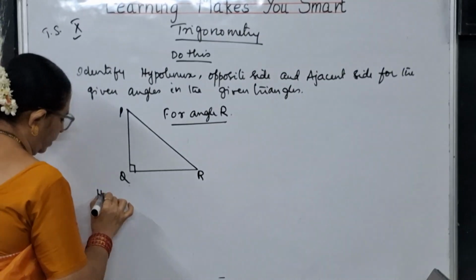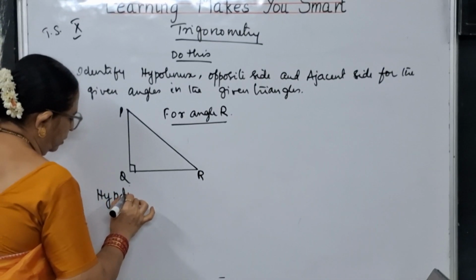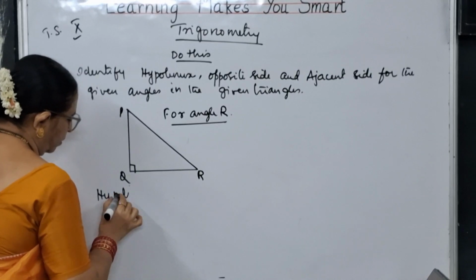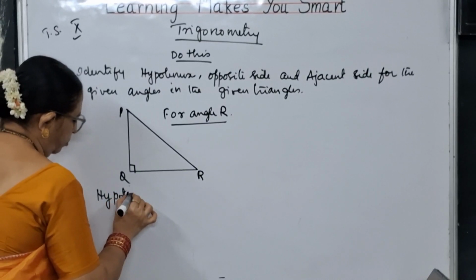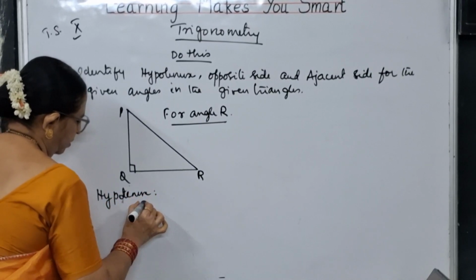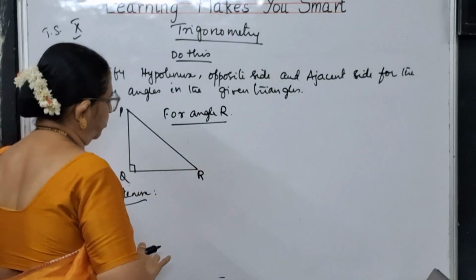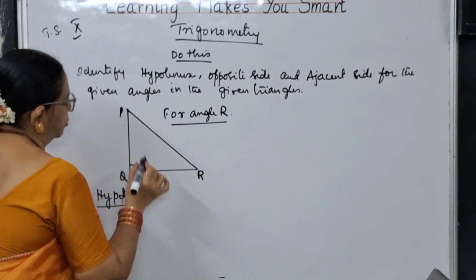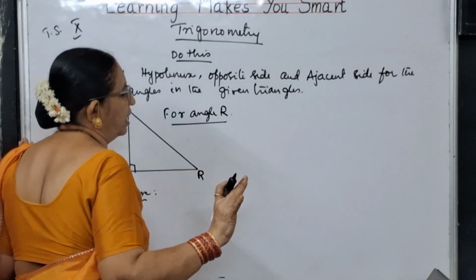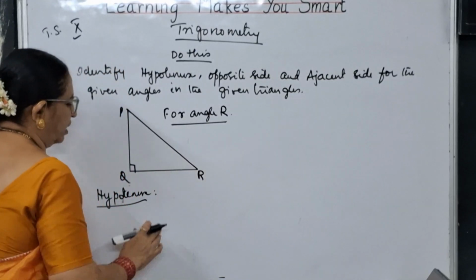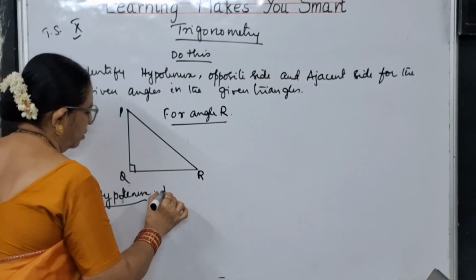So the hypotenuse is the side opposite to the right angle, that will never alter in any right angle triangle. It is the same, that is PR.